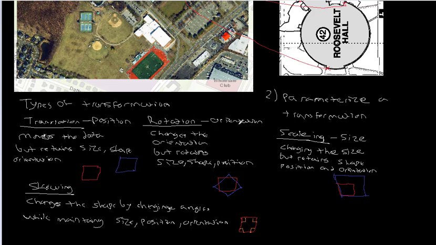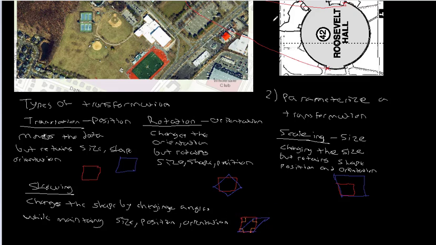What we could do is bend the angles to create something like that, where we've bent the angles. These are no longer 90-degree angles. We have the same general orientation and the same general position and the same general size. We've just changed the angles.